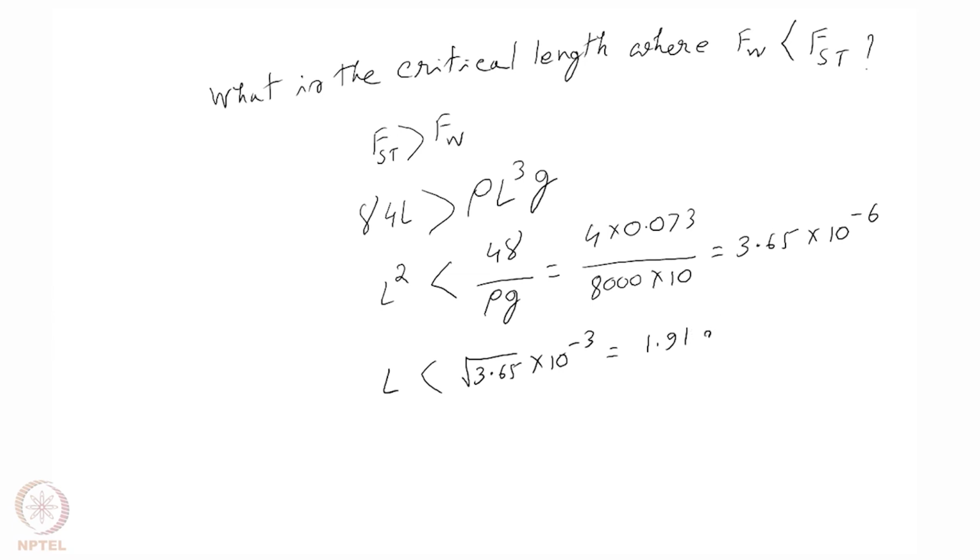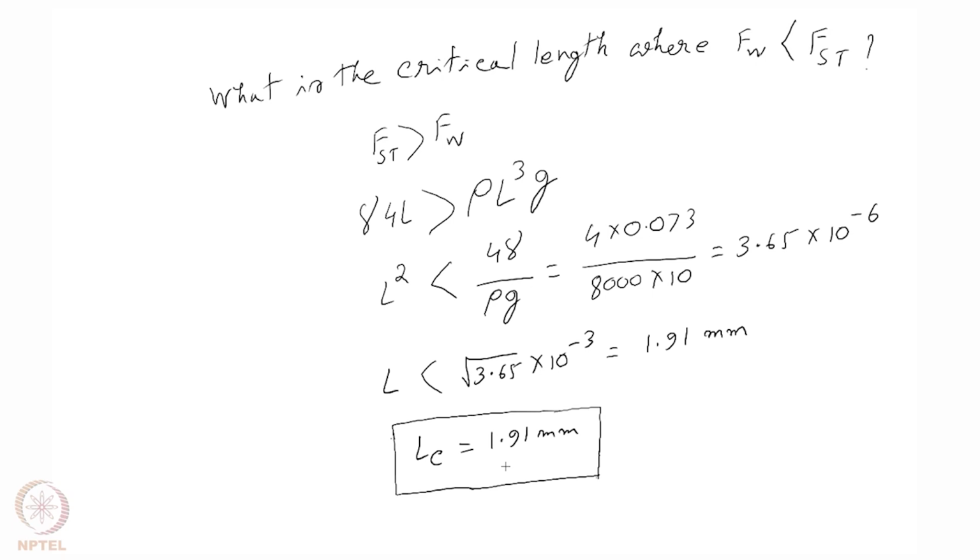So, let us make it millimeter. So the L_C or the critical length is equal to 1.91 millimeter. And what does it mean? It means that as we are sinking down the block from 1 meter to 1 micrometer, at 1.91 millimeter it will just cross over the weight, right?